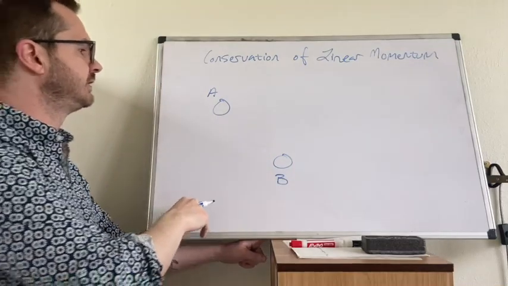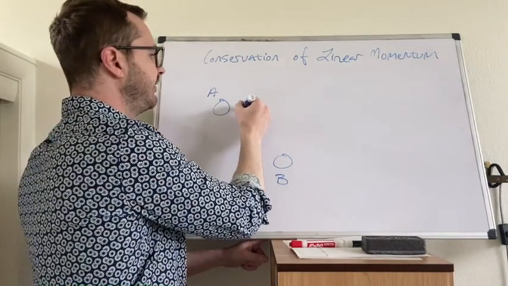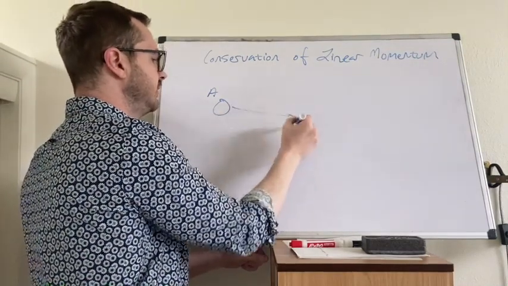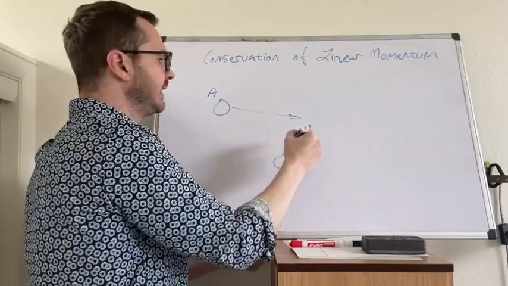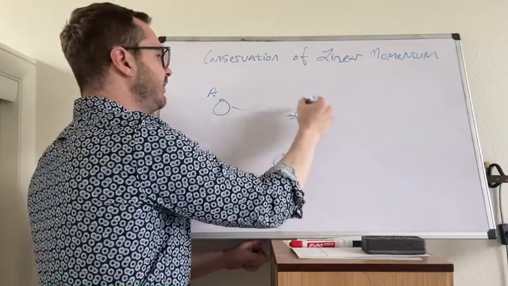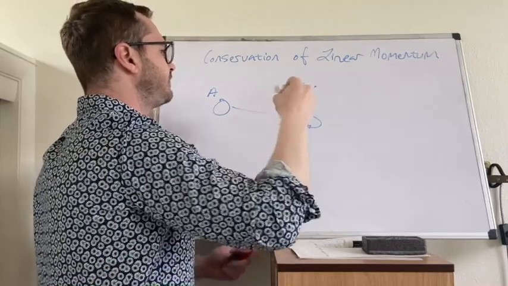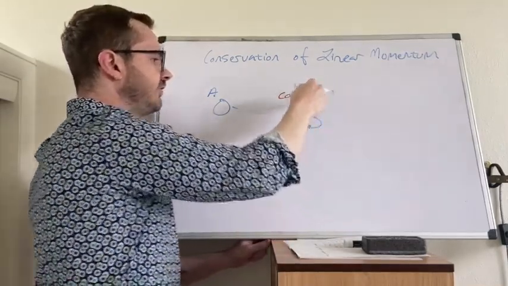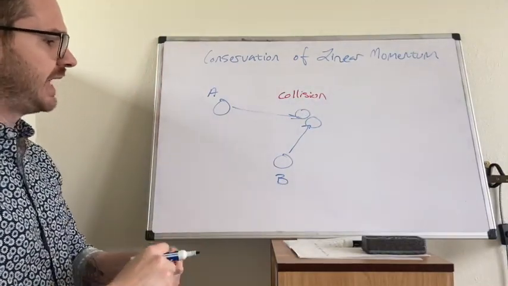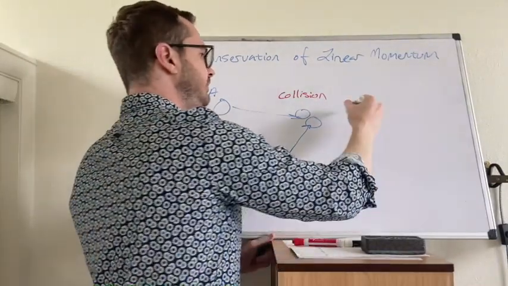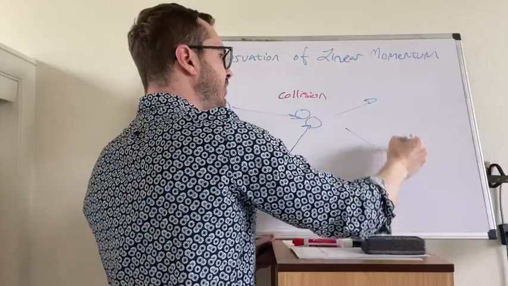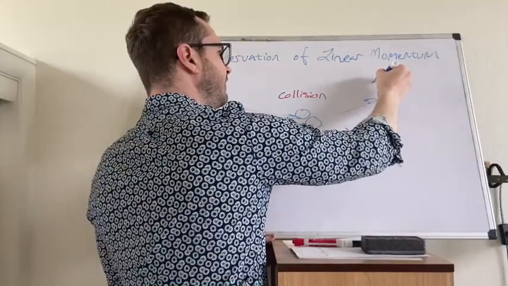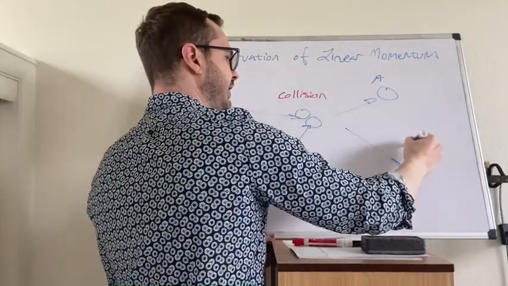They have some trajectories, and at some moment in the future, these things are going to collide. There's going to be a collision event. And then out of this collision event come the two particles again. So here is A and here is B.